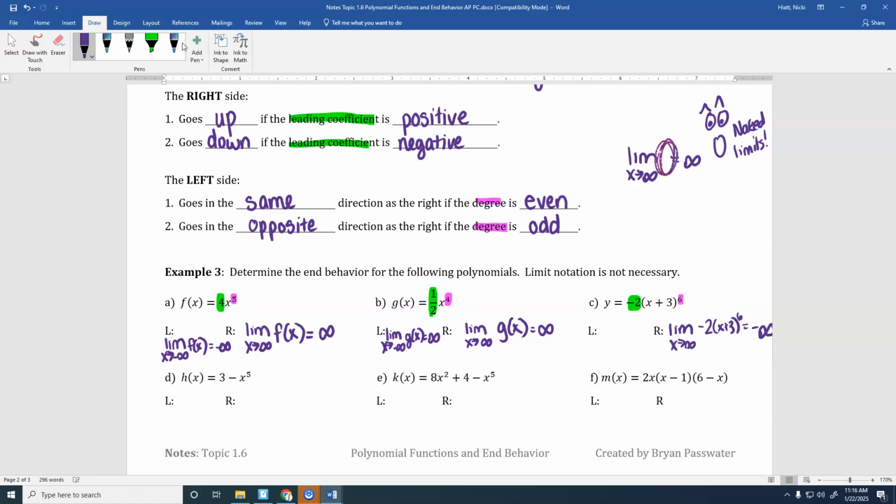And because it's an even degree, it's going to go the same direction. So as x approaches negative infinity of negative 2 times x plus 3 to the 6th, you would get negative infinity there as well. So you're not really looking at the x, because the x is always going to be positive and negative.